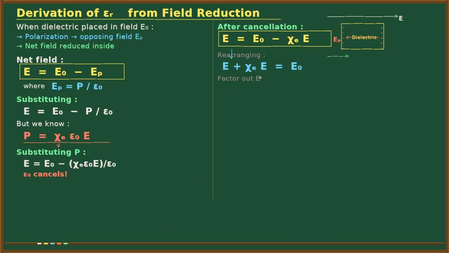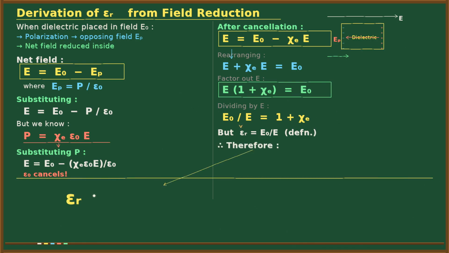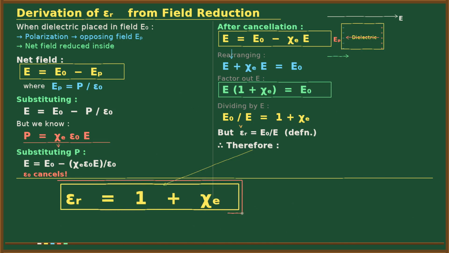E equals E naught minus chi sub E E, so E naught equals E times (1 plus chi sub E), so E naught over E equals 1 plus chi sub E. But epsilon sub r equals E naught over E by definition as the field reduction factor. So epsilon sub r equals 1 plus chi sub E. This is a fundamental relation in dielectric theory.